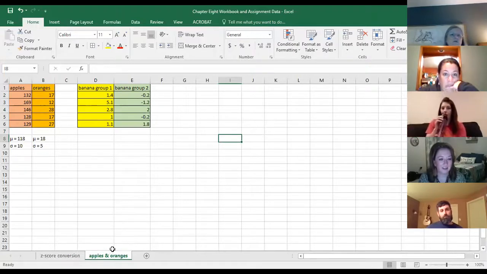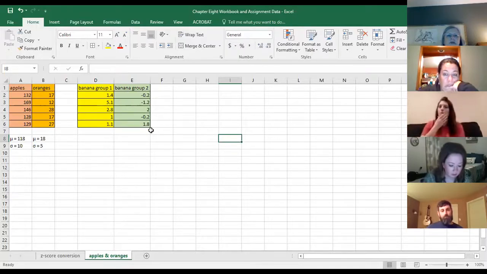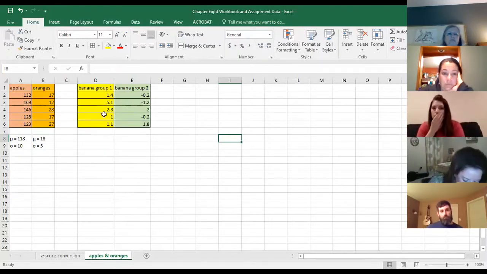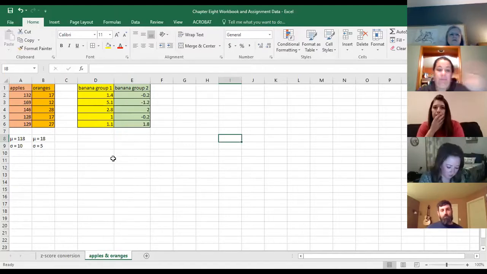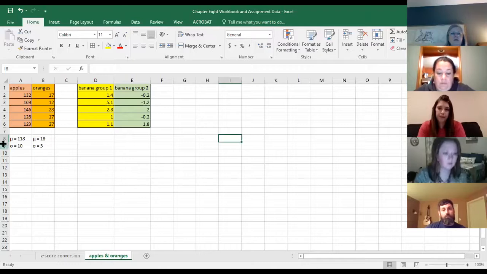Okay, so look at this. Now we are comparing things on the same scale. As far as if we were thinking of this as the number of apples, the number of oranges, or the value of those things, we can sort of compare how these two scoring groups go.